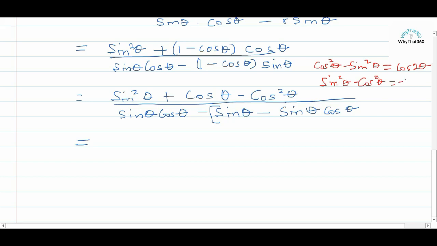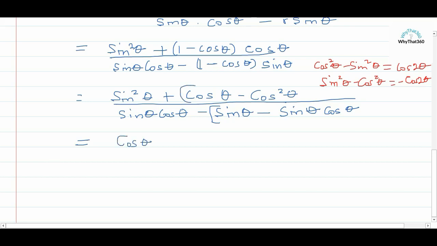So we will write first cos theta, which is found here. We write that one, and then we go ahead with minus cos 2 theta.